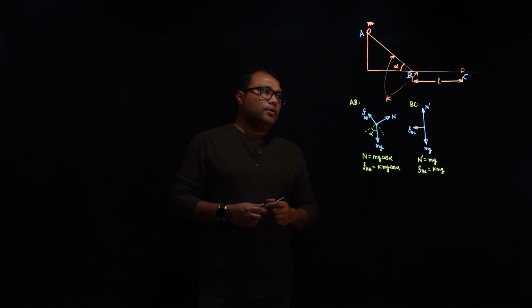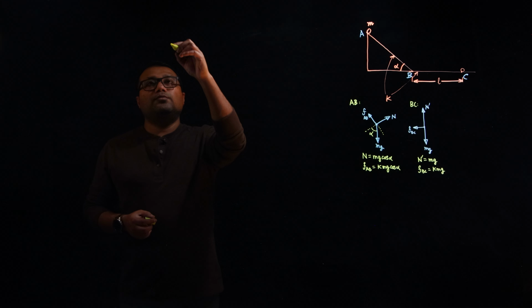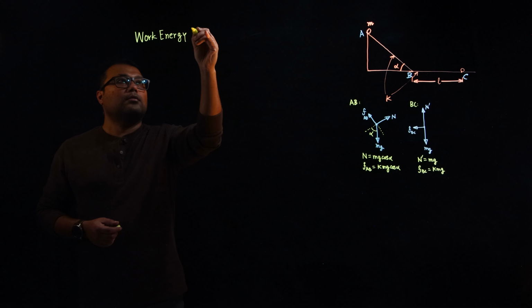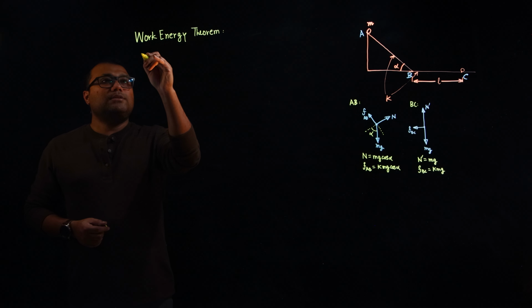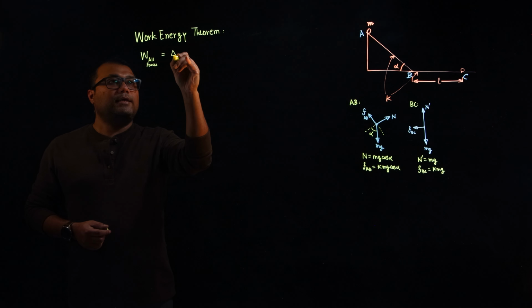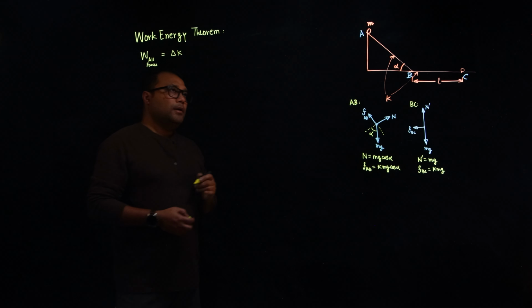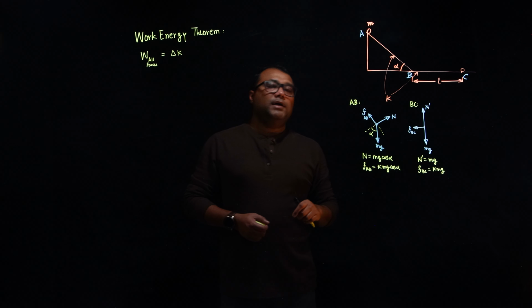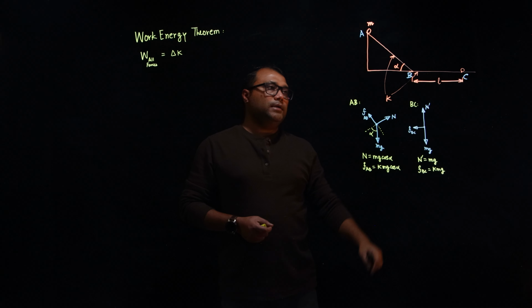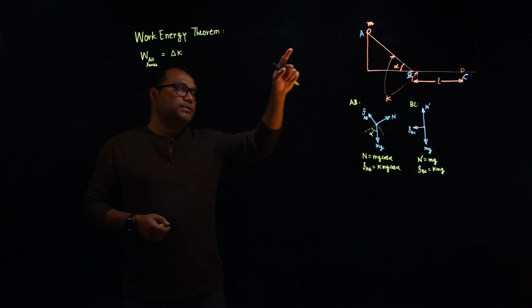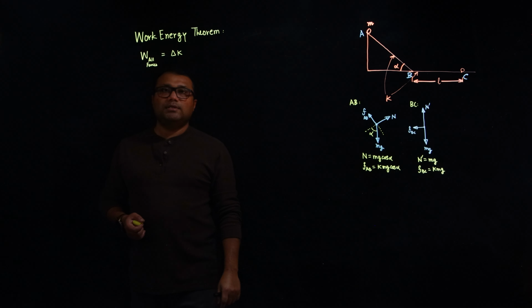Now let's look at the work energy theorem. What does it say? Work done by all forces is equal to the change in kinetic energy. We started from point A, the mass was at rest, it was let go and then it started sliding down and it stopped at point C. So the change in kinetic energy in the entire journey from A to C is 0.